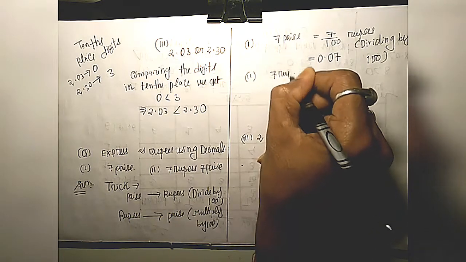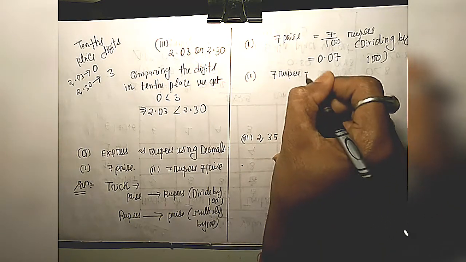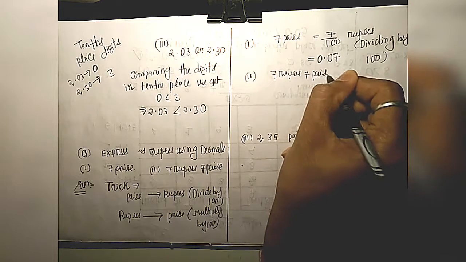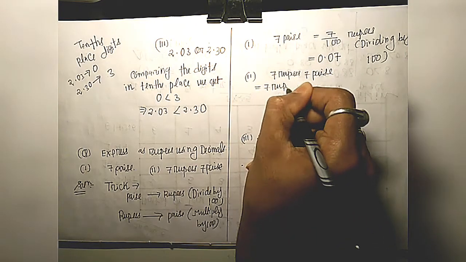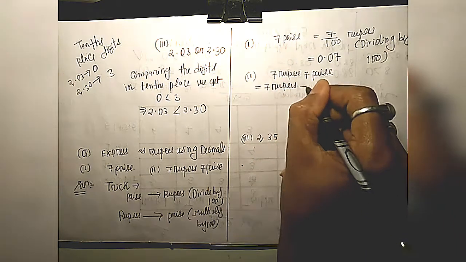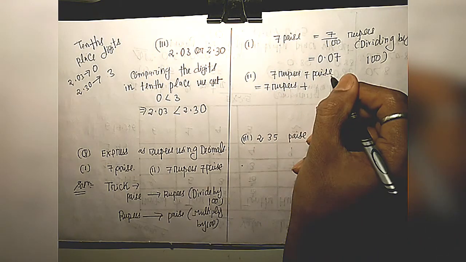In number 2, 7 rupees 7 paise. Express in rupees: the 7 rupees remains the same. The 7 paise we need to convert into rupees.